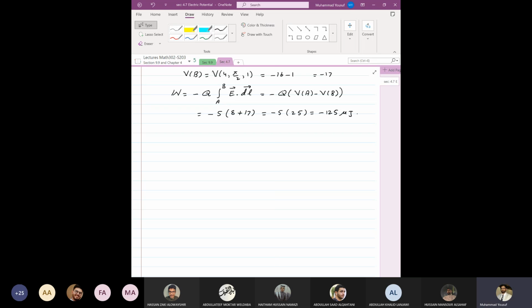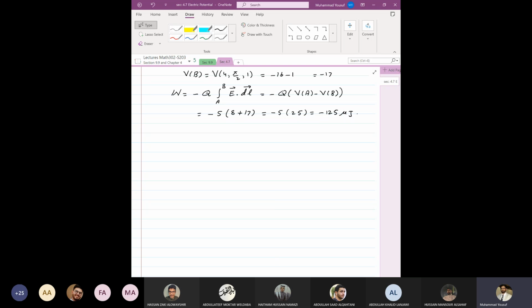So from 4.7, we have an electric field and electric potential, a point charge moved from A to B in the electric field. When we move this charge, we do some work, and that is equal to negative Q times the integral from A to B of E dot dl.